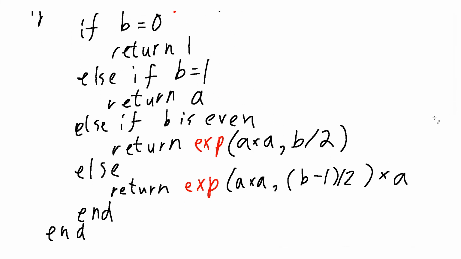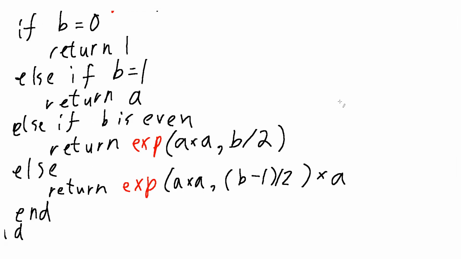Now, this will be a recursive algorithm. There might be a way to implement it so that it's not recursive, but I'm not sure about that. So let's look at the time complexity of this algorithm.